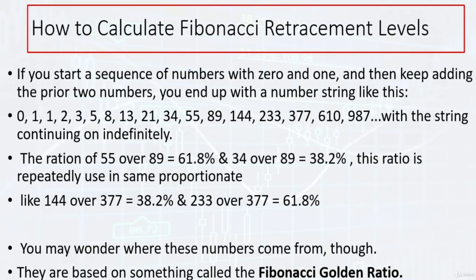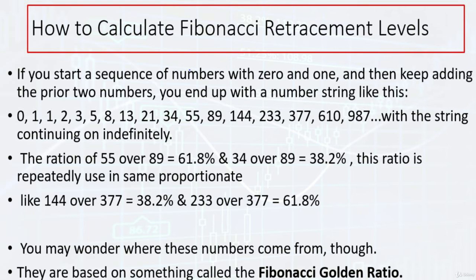As the image shows on your screen, you see a series which is formed by adding the previous data to the current data. And once we add the previous and the current, we identify the next level.